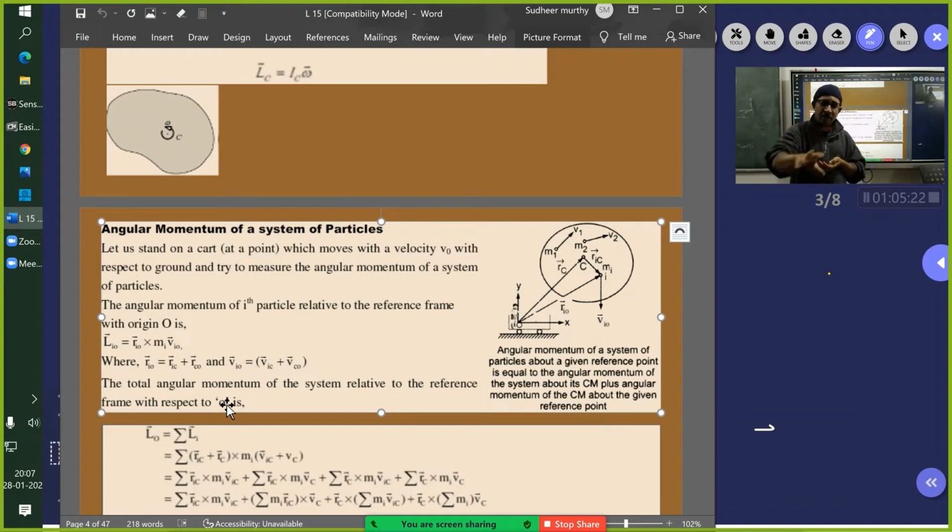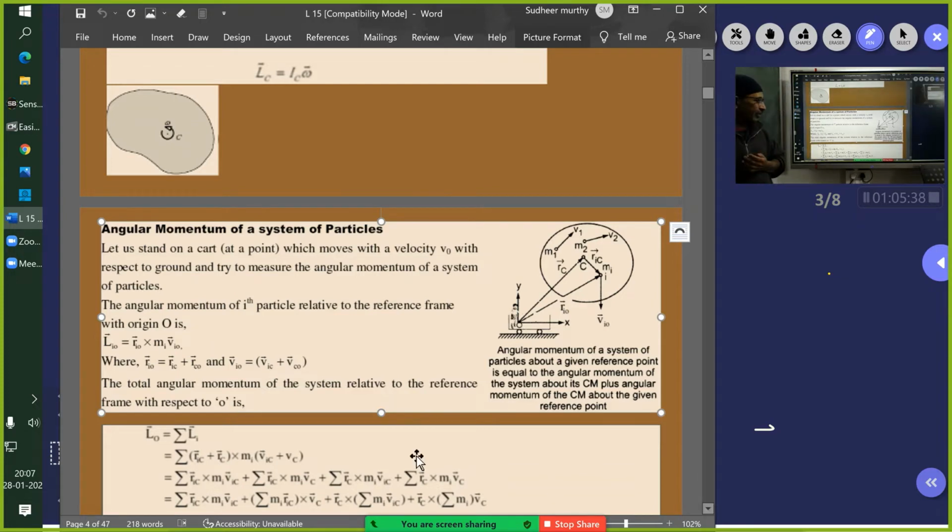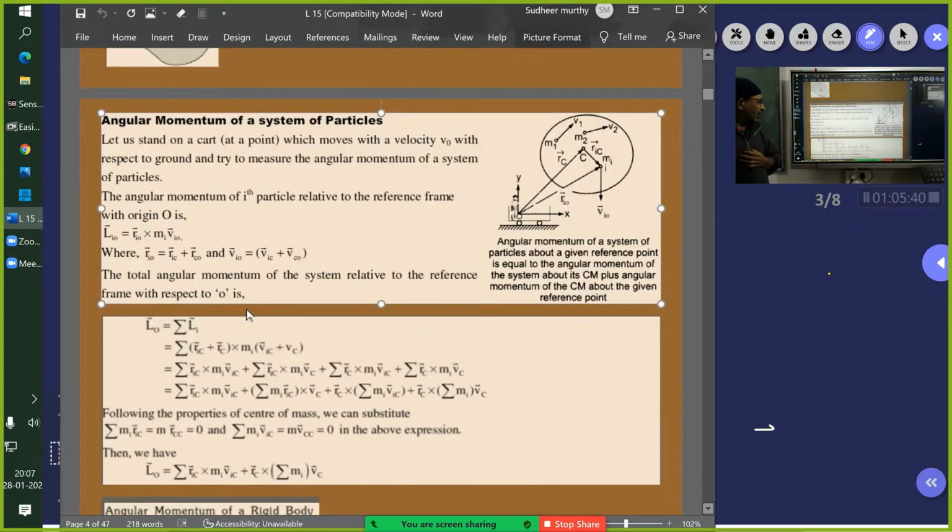And how much external torque you apply, in what direction, what magnitude, you can relate it to the change in the angular momentum. So that is our final goal, this exercise. So this splitting I think is clear here.